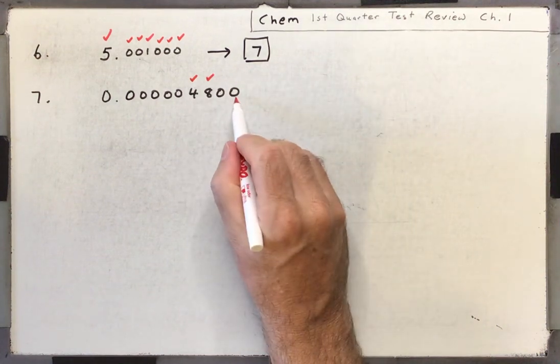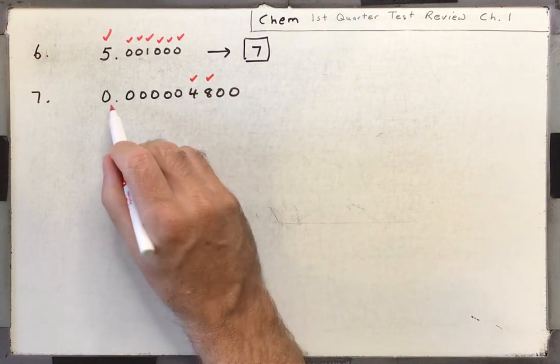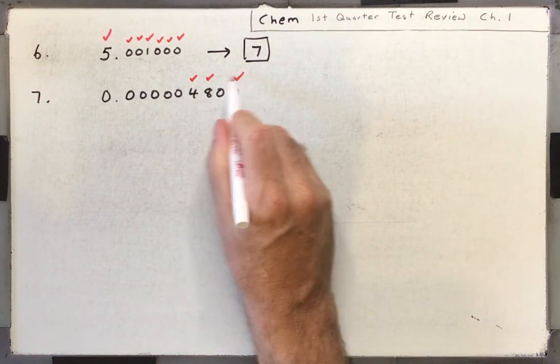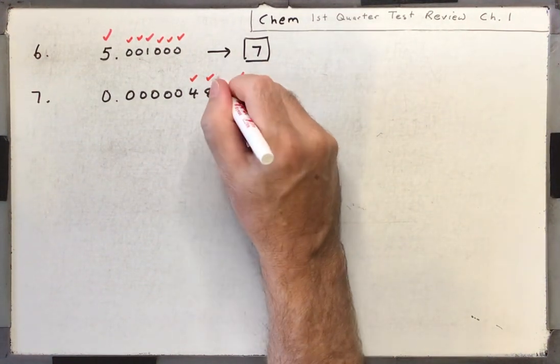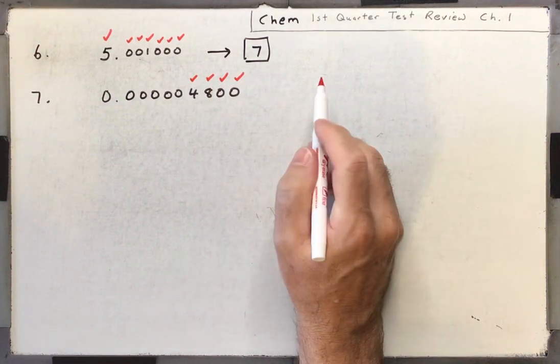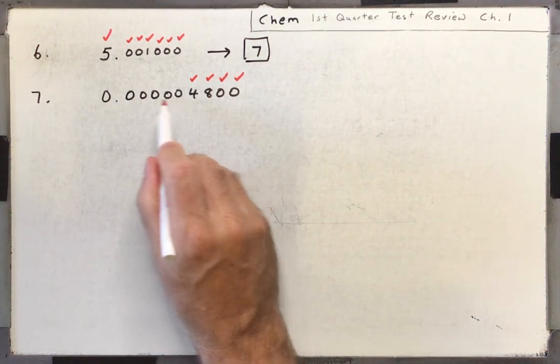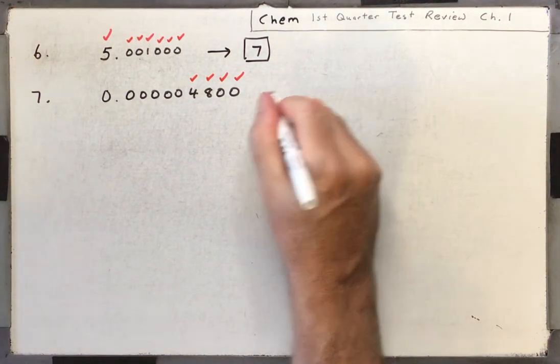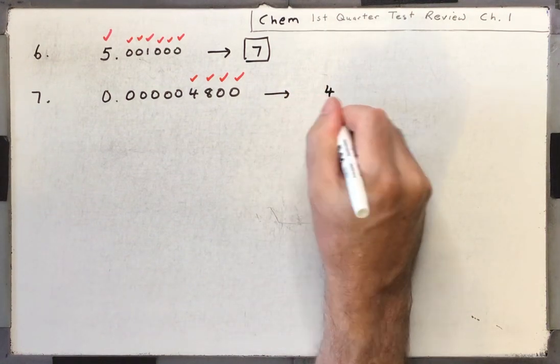We have a 0 to the right of the decimal and at the end of the number, so that counts. And then we have a 0 in between two significant digits. But all of these leading zeros are not significant. They don't meet the rule. So this answer is 4.